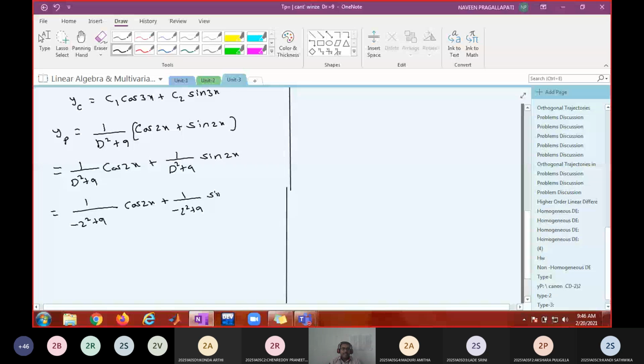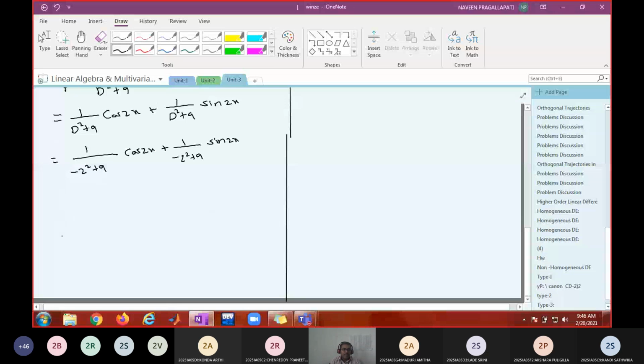So minus 4 plus 9 is 5: 1 by 5 cos 2x plus 1 by 5 sin 2x. So this is 1 by 5 times (cos 2x plus sin 2x). So that is the particular integral.